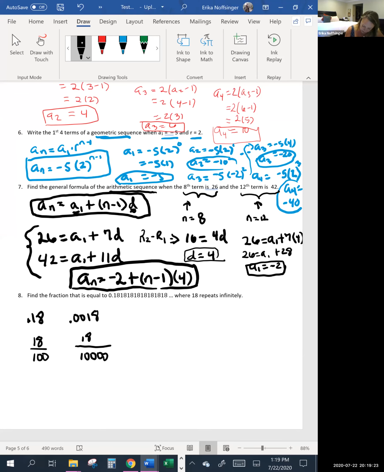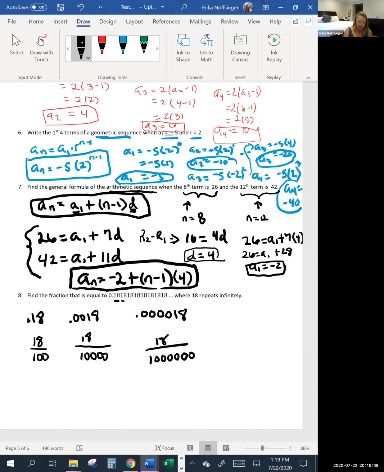And then if I look at 0.000018, this could be 18 all over, I need 1, 2, 3, 4, 5, 6 zeros. And so I can keep on doing that.